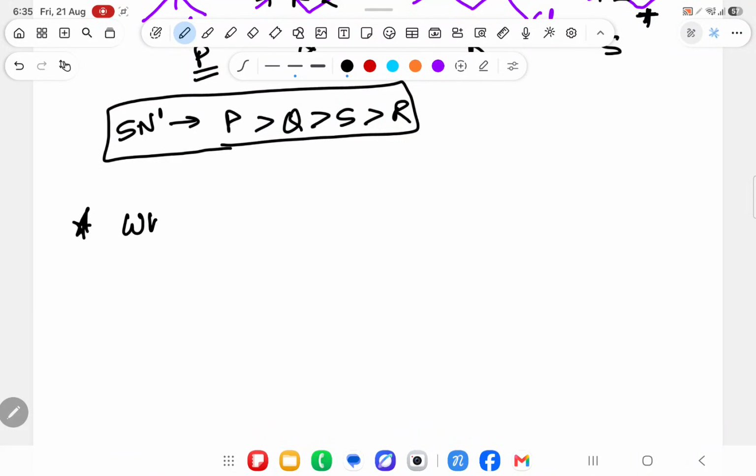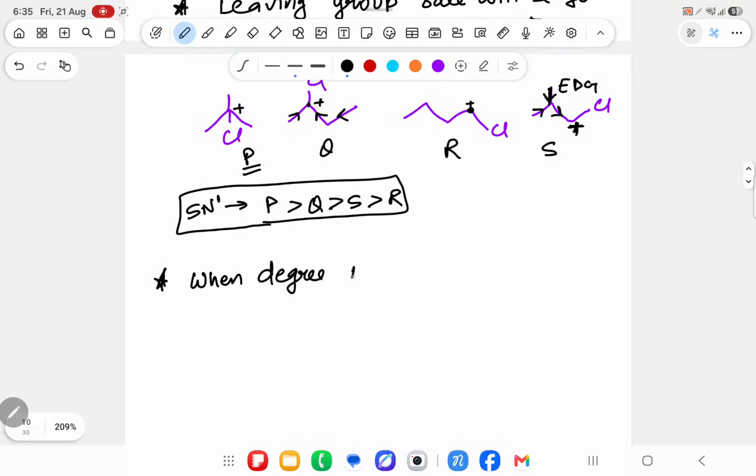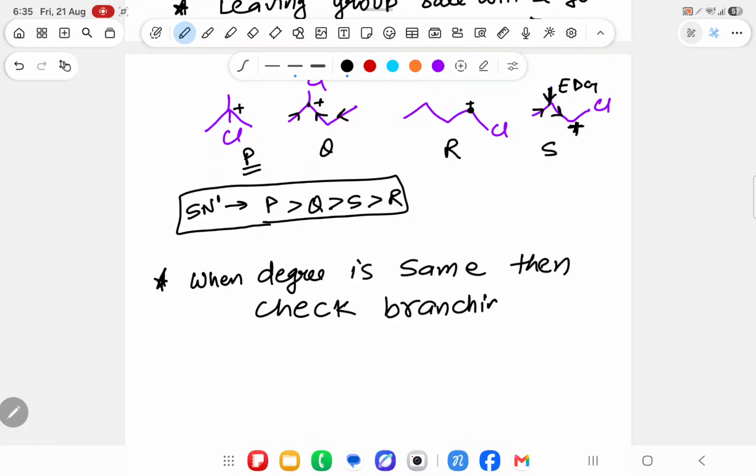Next important point: when the degree is same, as you just saw, then check branching, and rate is directly proportional to branching. I hope you all understood.